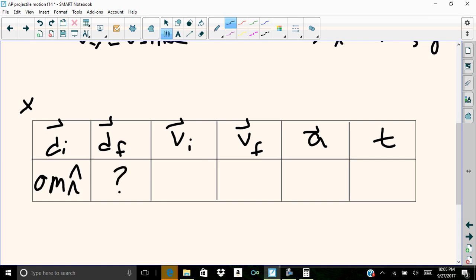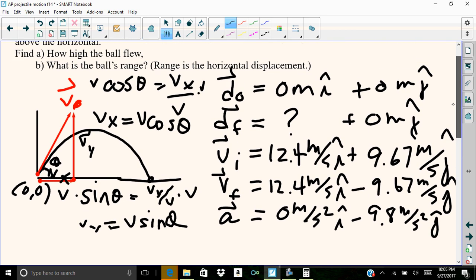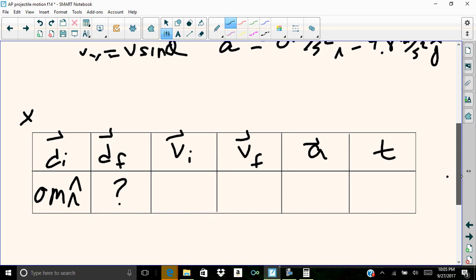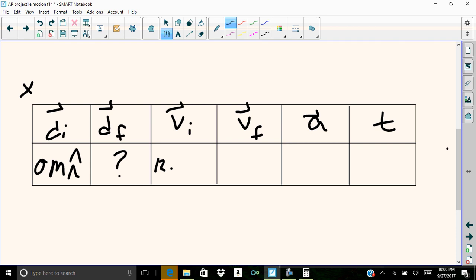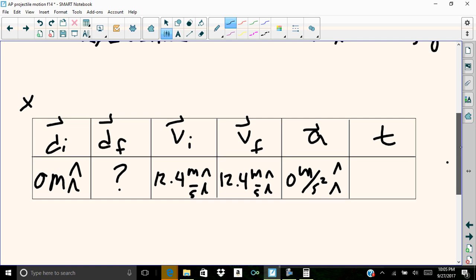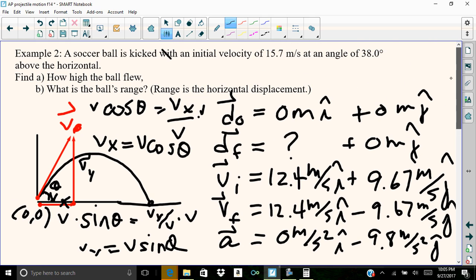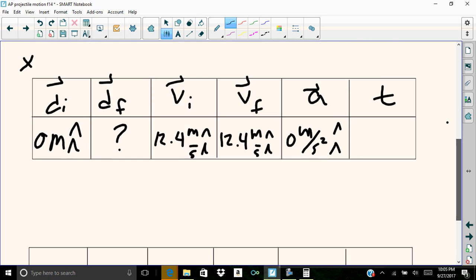My final position is unknown. The initial velocity is given. It is 12.4 meters per second I hat. The final velocity is 12.4 meters per second I hat. The acceleration is 0 meters per second squared I hat. And the time is unknown. We don't know how much time it is.